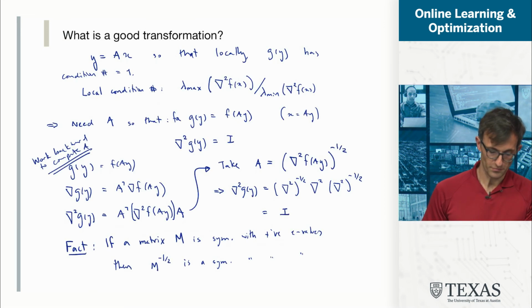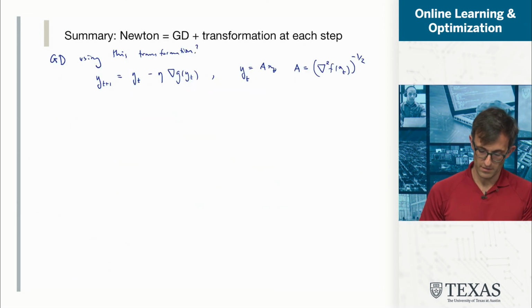What's x t plus 1? x t plus 1 is equal to A y t plus 1, or y t plus 1 is equal to A inverse of x t plus 1.